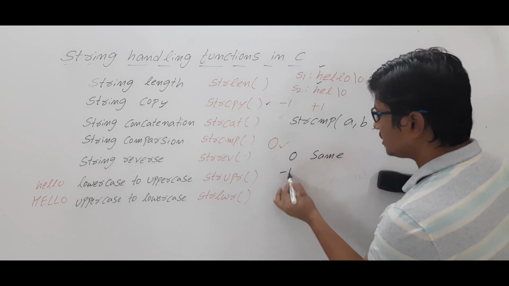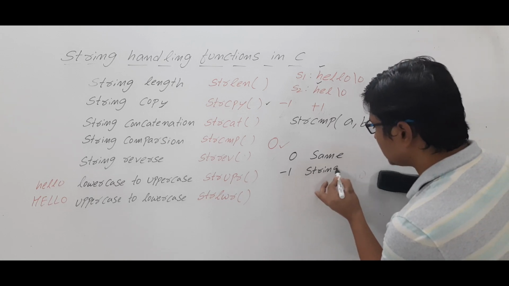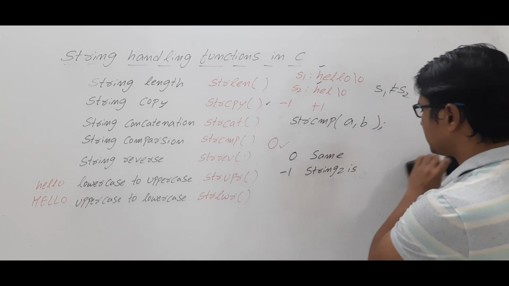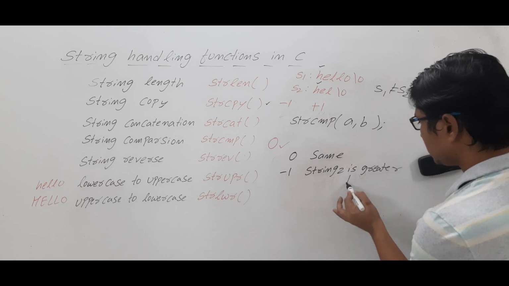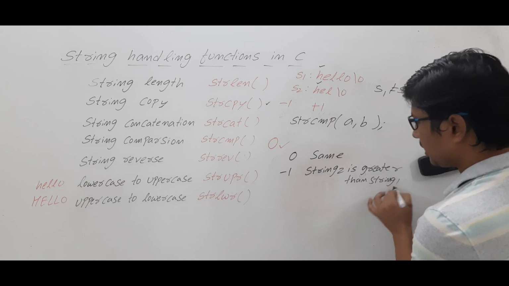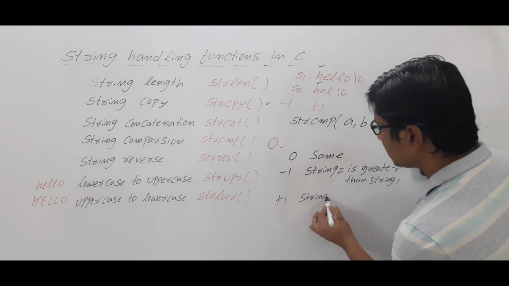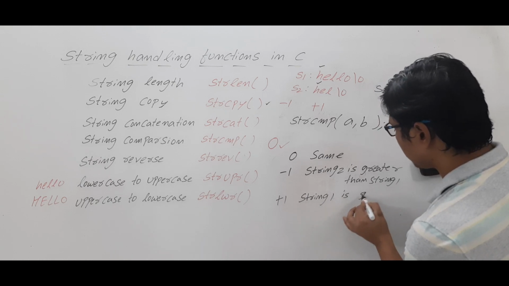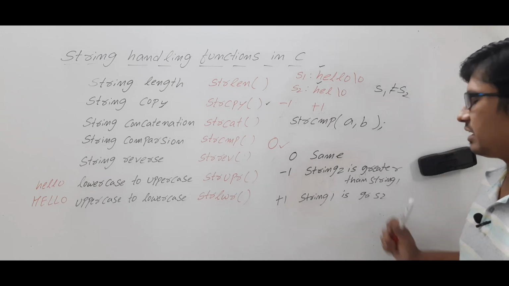If it is minus 1, then you can say that string 2 is greater than string 1, or a negative value. If it is a plus 1, string 1 is greater than string 2. Okay, let me write it as a shortcut, string 1 is greater than string 2.